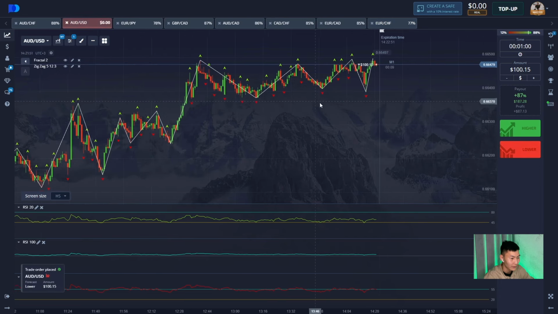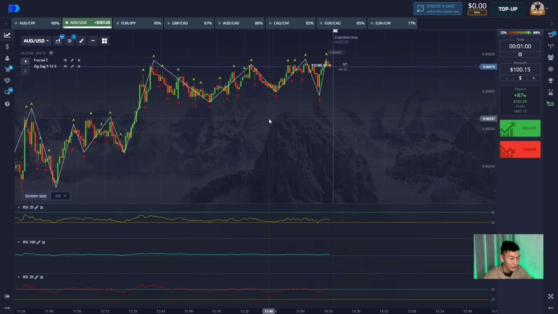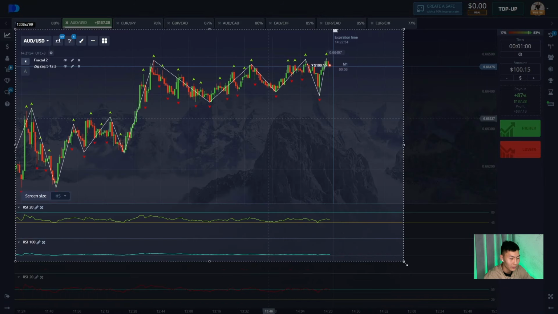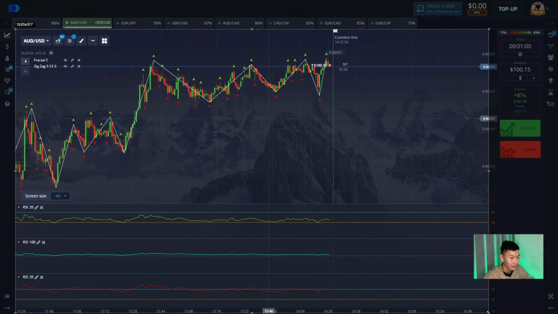So here I see a potentially good short position. Selection of the workspace. Here we pay attention to the updating of the local high right here. The updating is happening according to the Zig Zag and Fractal. We can identify the flat here.